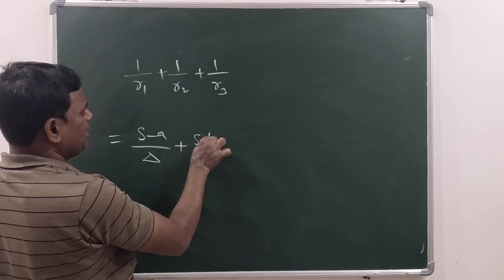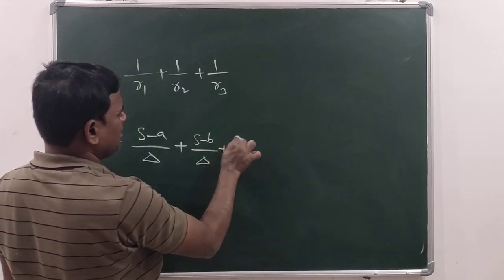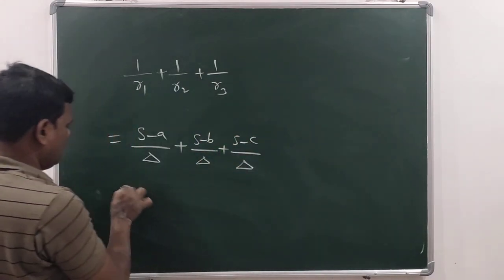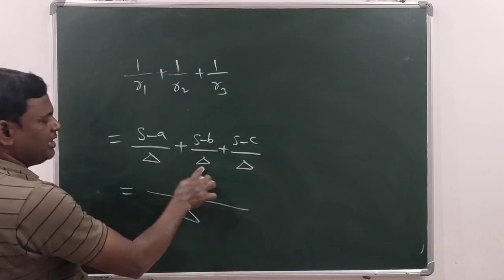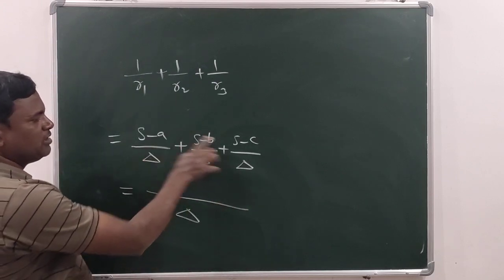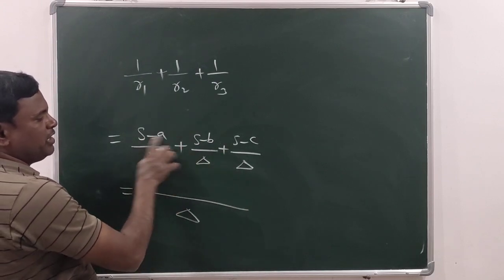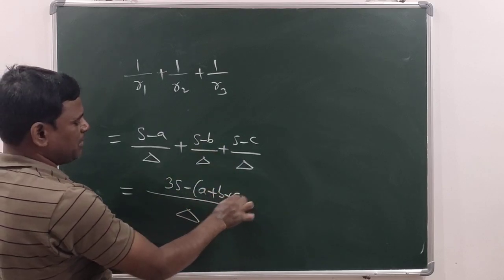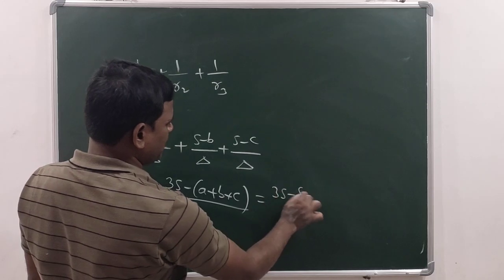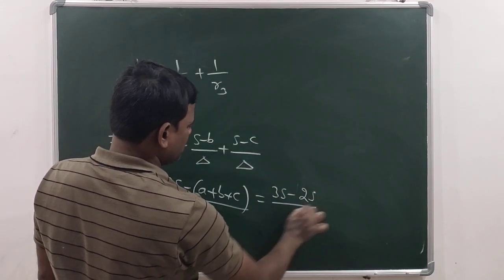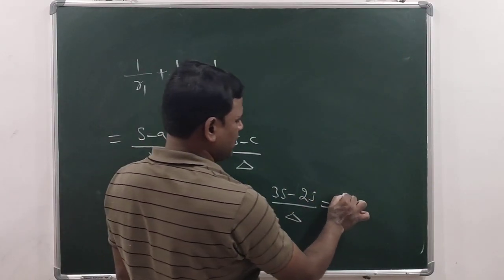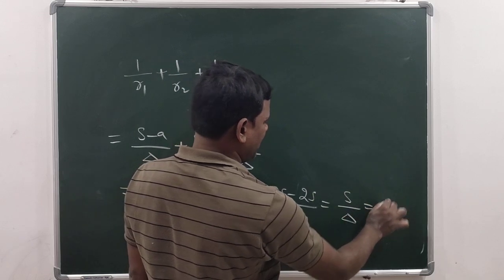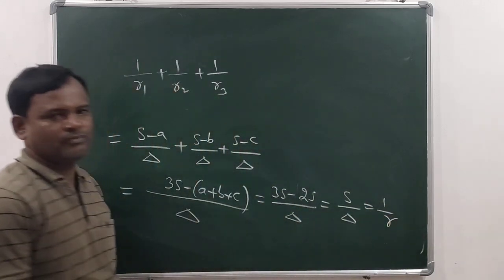And here S minus B by delta, here S minus C by delta. Now, okay, denominator is delta. So in the numerator, S plus S plus S, 3S minus (A plus B plus C), which is equal to 3S minus 2S, by delta. Now 3S minus 2S is S, by delta. S by delta is nothing but 1 by R.